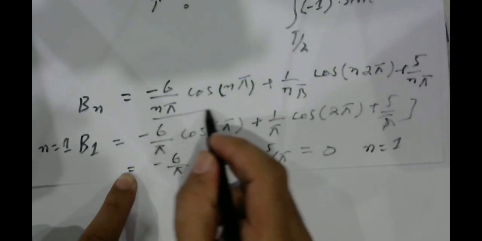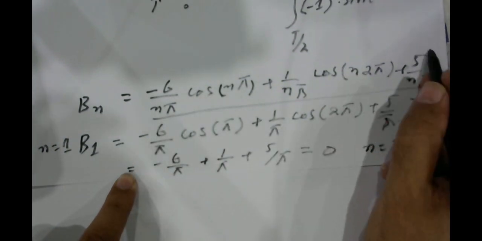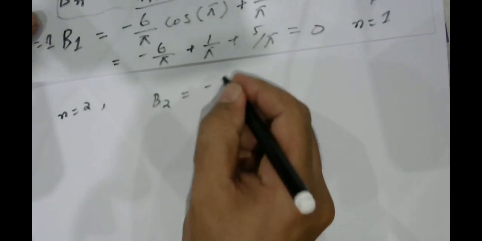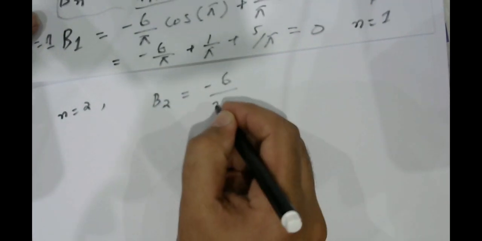In the same equation, if we put n equal to 2, then b2 will be minus 6 by 2 pi. Here for n we put 2 now.